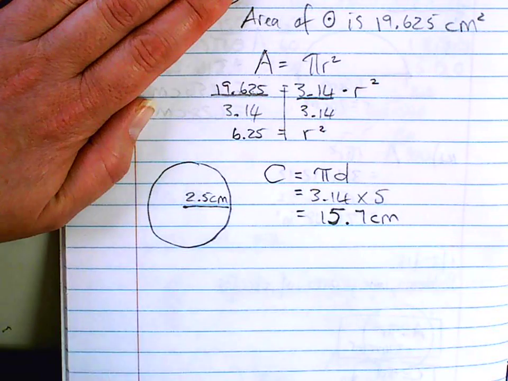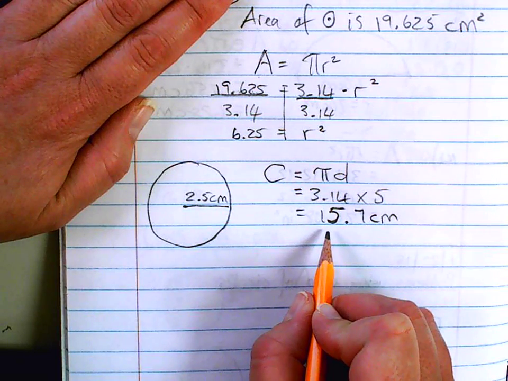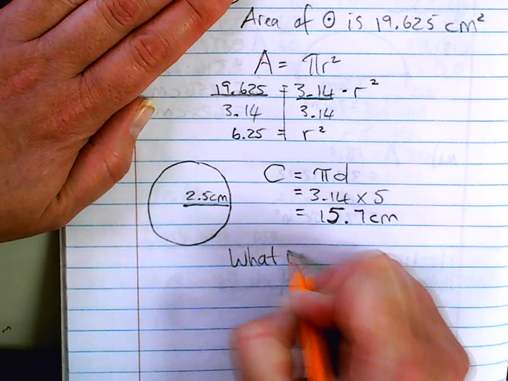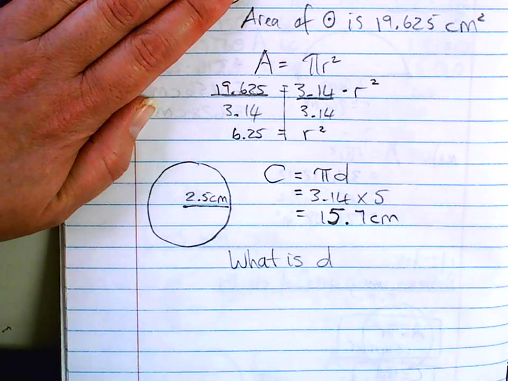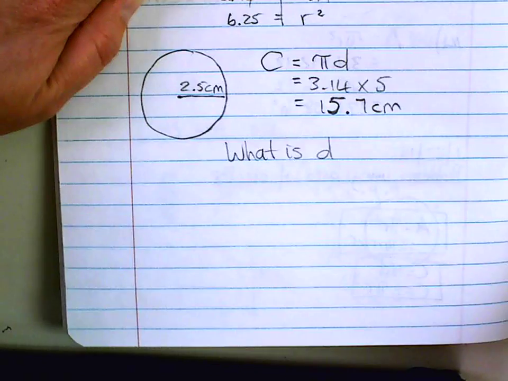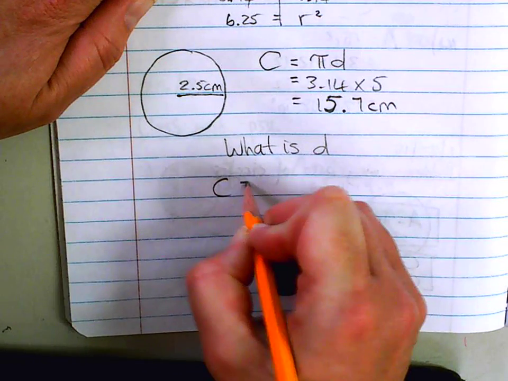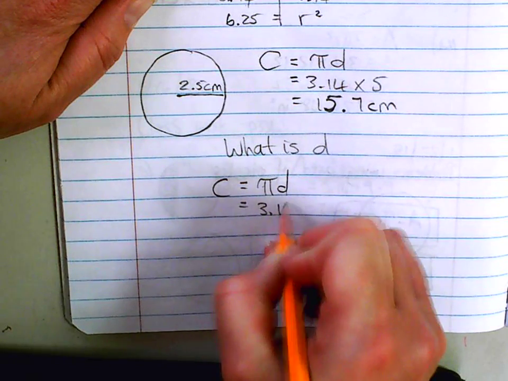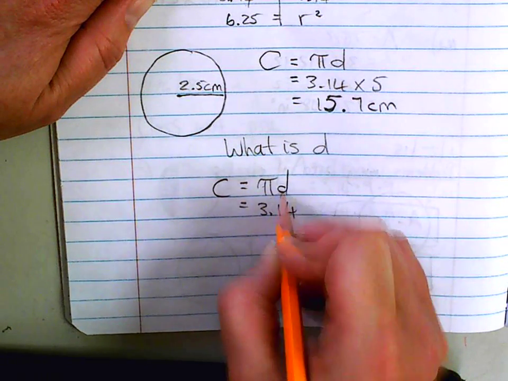Now they can reverse the situation and they can say to you, if your circumference is 15.7, what is the diameter? Then you take your circumference formula. Circumference equals pi times the diameter. You fill in pi. You pretend like you don't have the diameter.